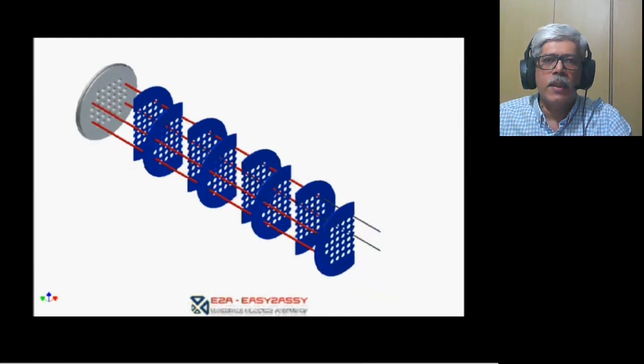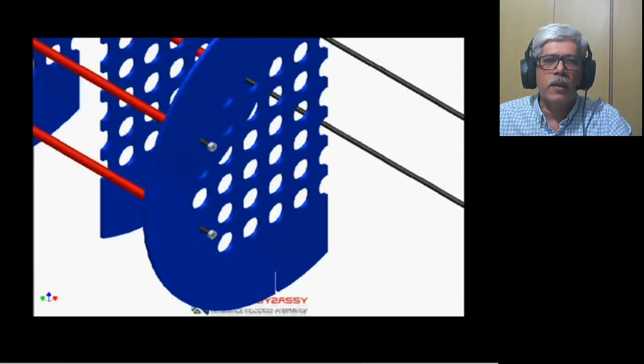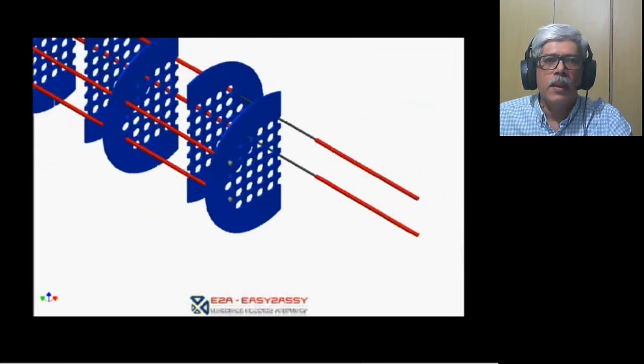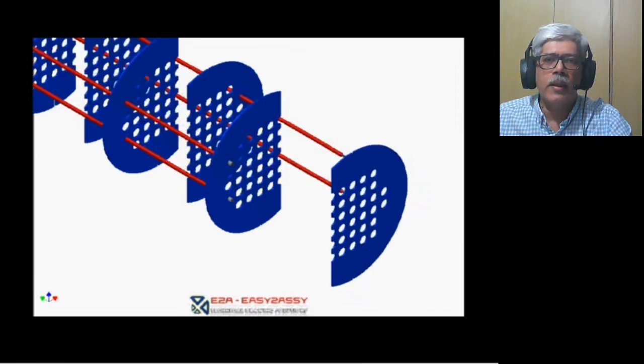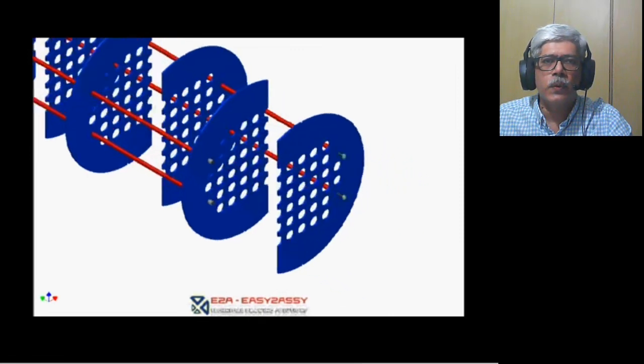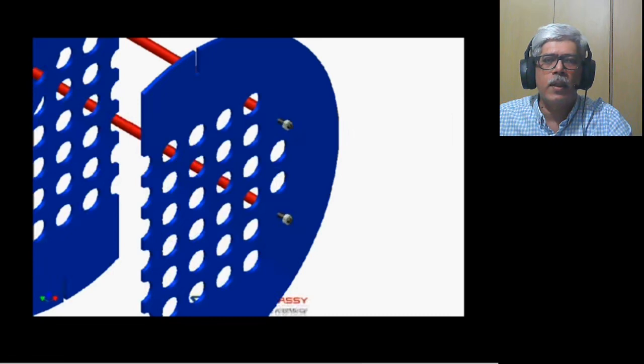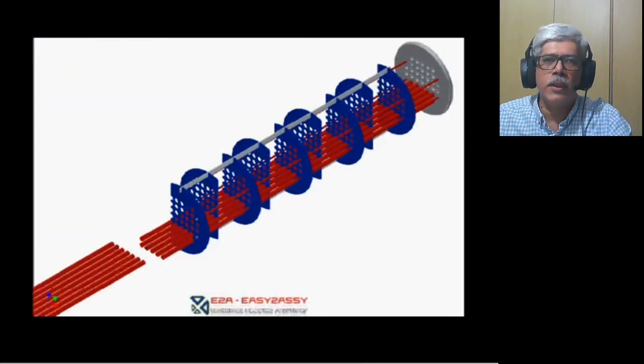So all baffles get assembled one after another. Once they are assembled, the tie rod and tube bundle assembly is locked by means of tie rod nuts, so that all baffles and tie rods are locked with the tube sheet.